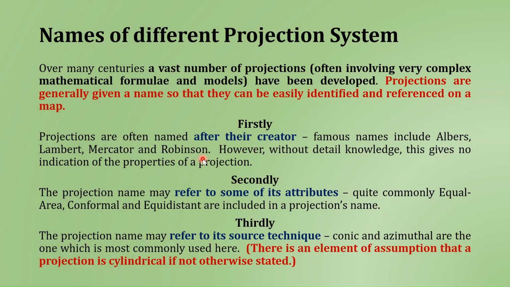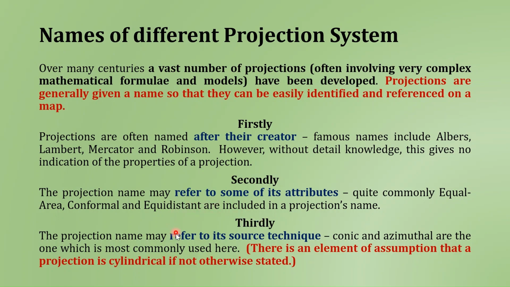If we have only this name, without detailed knowledge, it will not indicate the properties of the projection. Secondly, the projection name may also refer to some of its attributes. For example, it may say that the map is equal area, conformal or equidistant. If these are mentioned, it indicates which particular property the map is preserving.